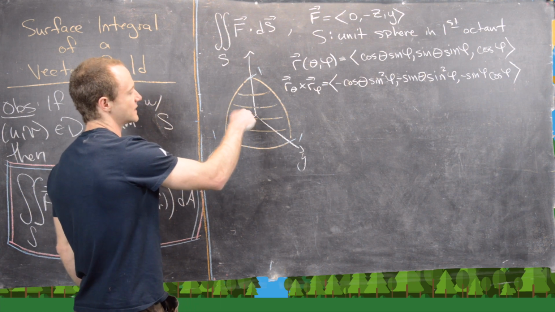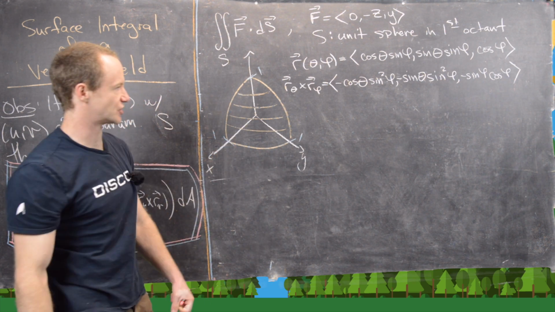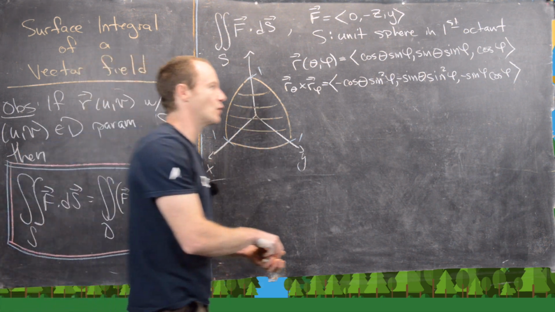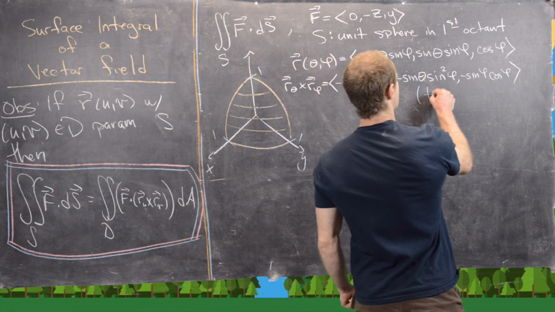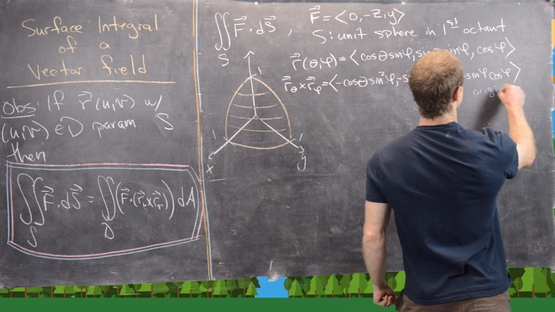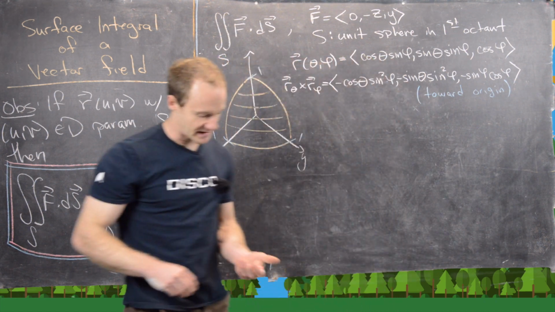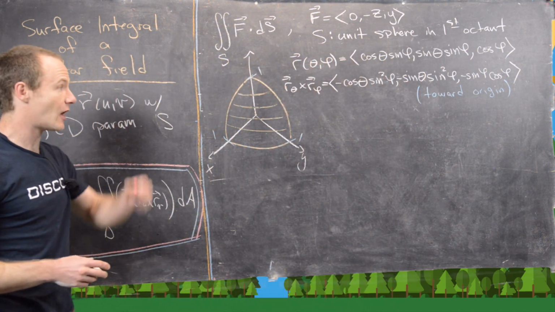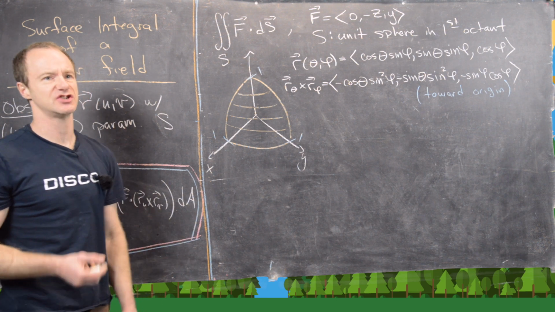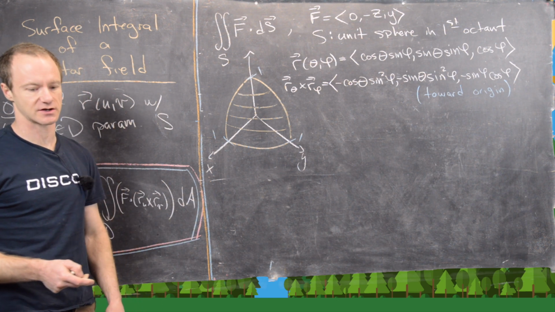So if you're along the sphere, it's pointing towards the origin, whereas you might want something that's pointing away from the origin. So we'll just go with this and notice that this is pointing towards the origin. In other words, it's pointing in. Now that being said, we can fix it to point out just by changing everything to a minus sign. And so that's just going to change the sign of the final answer.